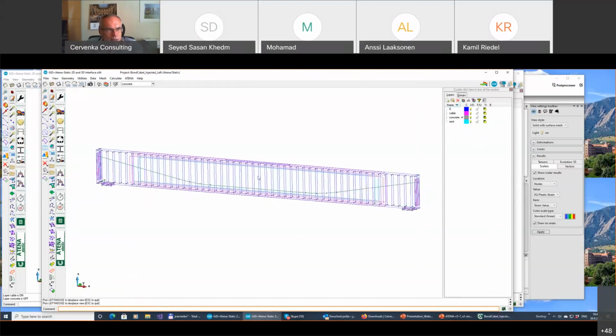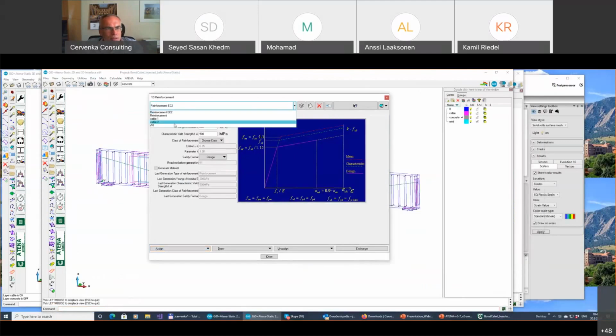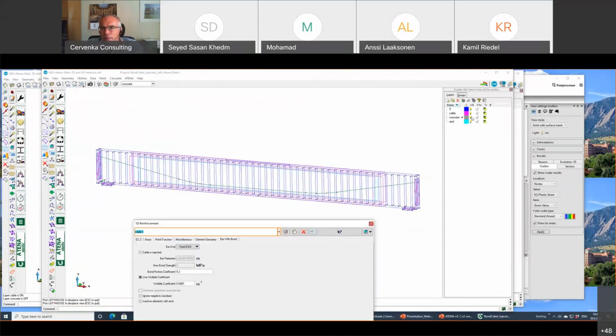So in this case, we can look again at this material properties, and we see here that it is fixed at the end. Now to see where is the end, we look at the orientation, how this cable is defined.